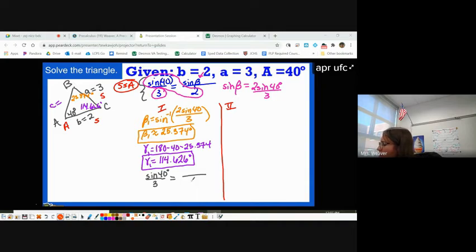And if I'm looking for C sub 1, our first option for C, I need the angle opposite of that. So that's going to be the sine of 114.626 degrees. We're going to cross multiply in the direction that does not have the variable and divide by the other number. That gives me C sub 1 is approximately, let's go do that on our calculator.